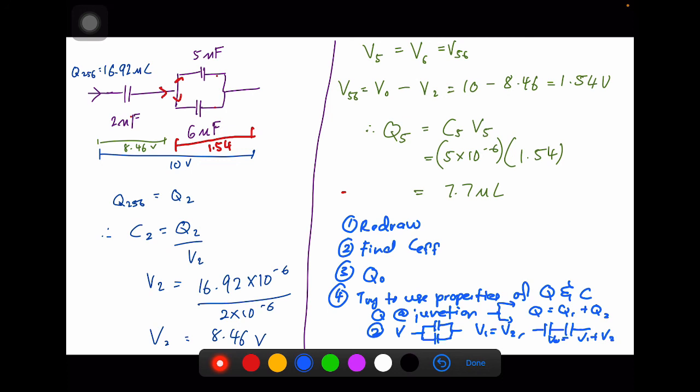So remember that for series potential you have to add and then you get the total potential. For parallel, the V is the same. If you draw it like this, you can see. If you leave it like the initial one, it is very unlikely you can see.